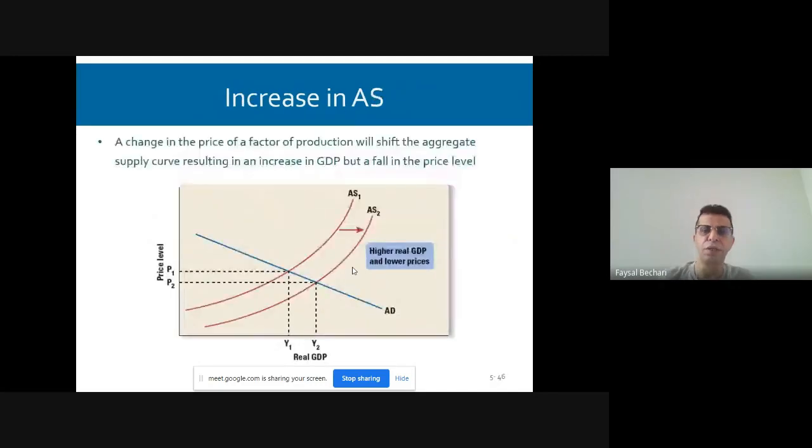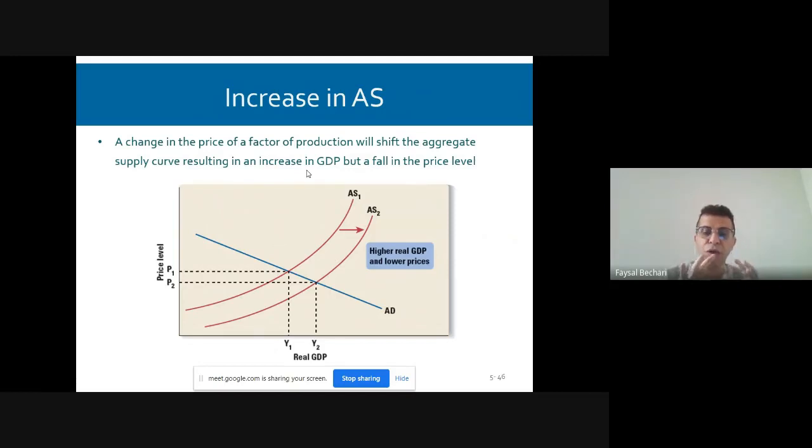Now, with an increase in aggregate supply, the higher real GDP allows lower prices. So a change in the price of factors of production will shift the aggregate supply curve, resulting in an increase in the GDP but a fall in prices. So there's more production happening. The more production is happening, the lower the prices become. Now, a higher real GDP and a lower price.